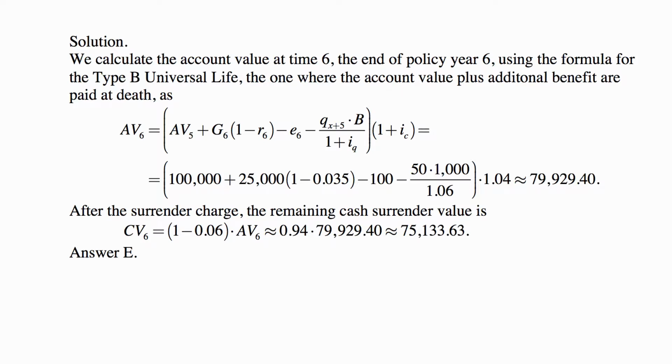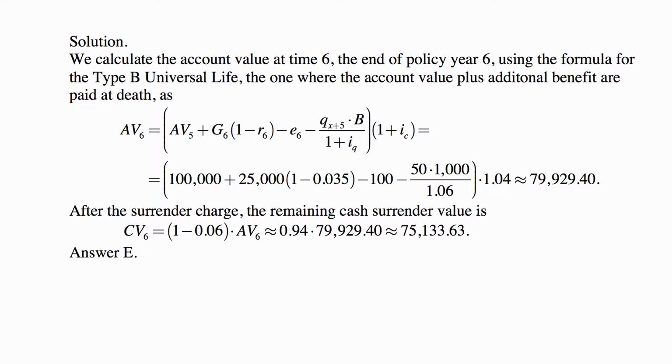So here is the solution. We calculate the account value at time 6, the end of policy year 6, using the formula for the type B universal life. That's the type of policy where the account value plus additional benefit is paid at death.